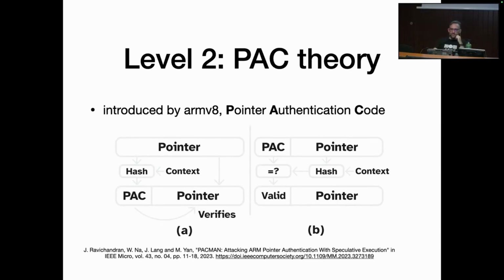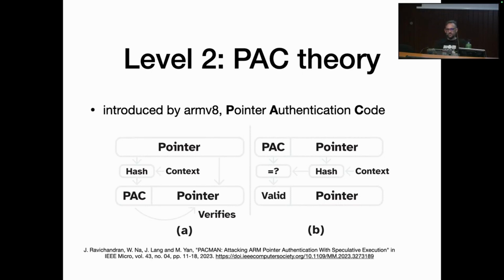But let's look at PAC real quick, just a recap. PAC means pointer authentication code. It was introduced by the ARMv8 specification. This is the same as a message authentication code in theory. You have the pointer, and in order to create the PAC, you take the pointer itself, some context, and a key, and create a hash using a cryptographic algorithm.